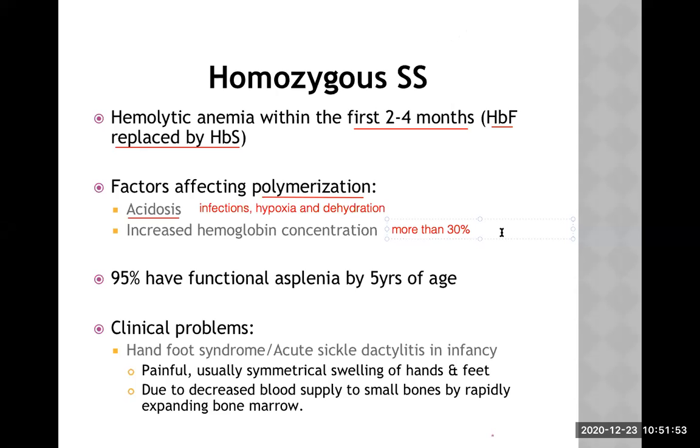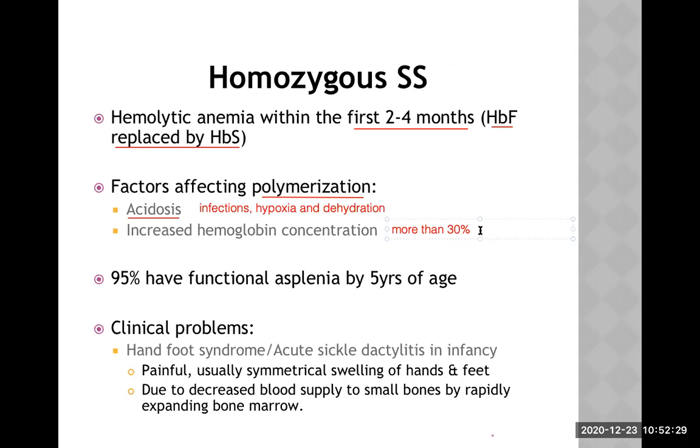The plasma volume decreases and hemoglobin concentration increases. That's why it leads to polymerization. Okay, good. Yes, another student also trying to say, please go. Sir, because of the loss of water, relatively the hemoglobin will increase. Very good, Uzair. So if the patient is normovolemic and then becomes severely dehydrated, the hemoglobin and the hematocrit both will be increased.